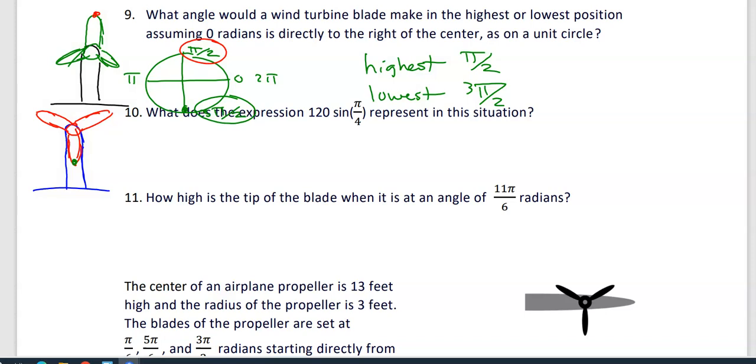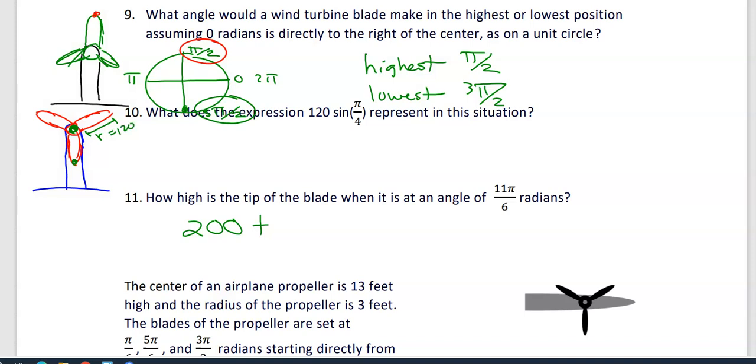And then the last problem here is actually asking you how high is the blade above the ground. So you have the 200 feet, which is where the pivot is. That's where the blades are rotating. So you have about 200 feet plus the sine of 11 pi over 6. You have to keep in mind that the tip is 120 feet, so that really represents our radius.